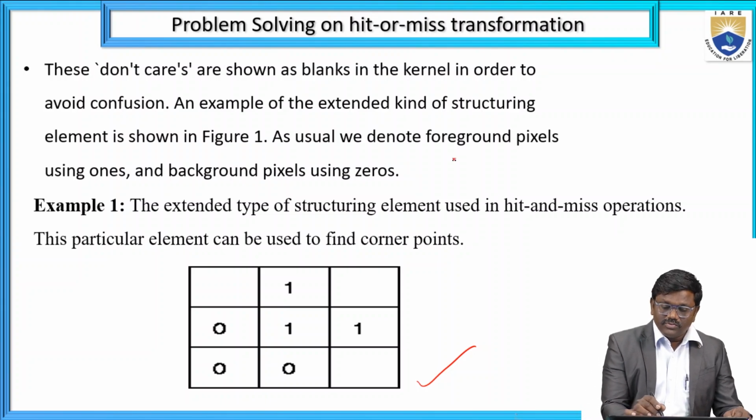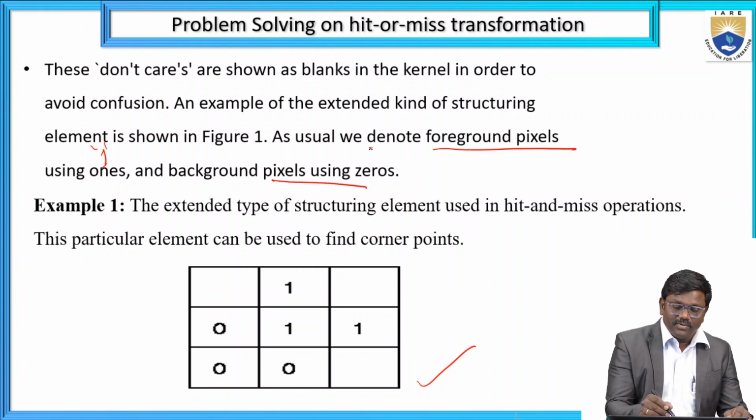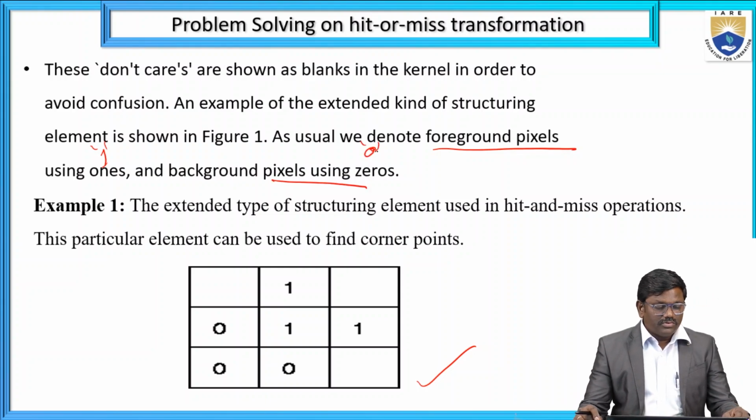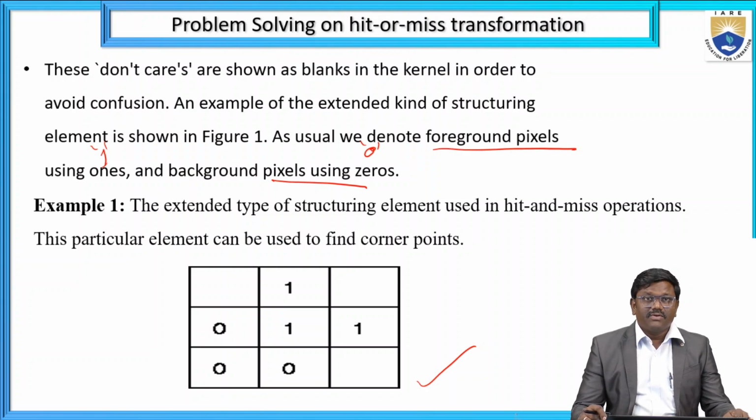So foreground pixels become ones and background pixels become zeros. Based on such a representation, we take example one, that is the extended type of structuring element used in hit or miss operations. This particular element can be used to find corner points.